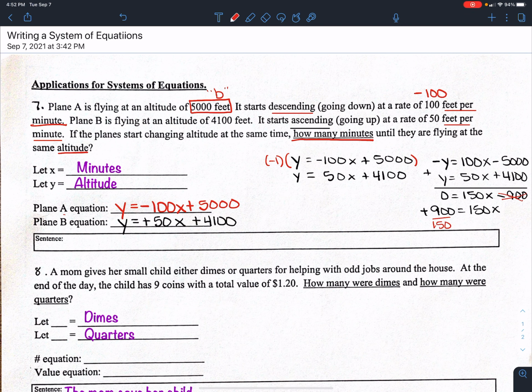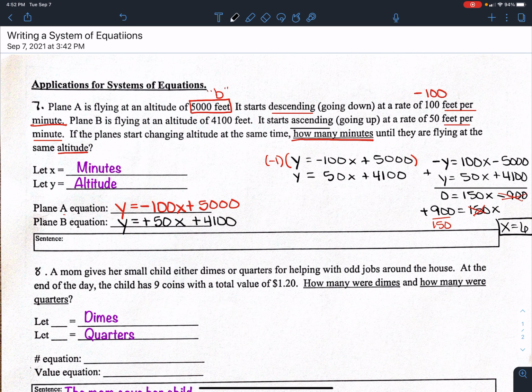Divide the left side by 150, and I get x equals 6. So it's going to take 6 minutes for plane A and plane B to be at the same altitude. All right, 6 minutes. And that's what they're asking us.